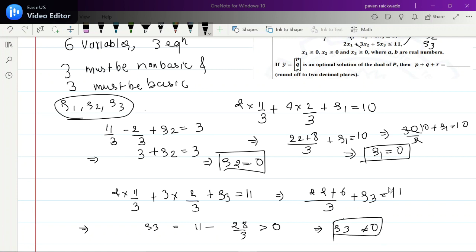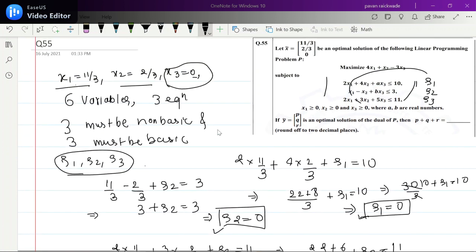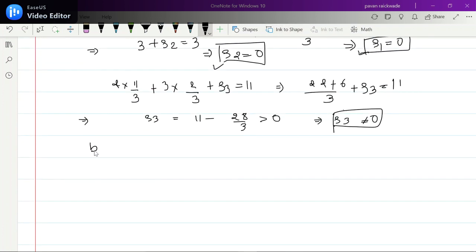Okay, so that's fine. We have 3 variables which are 0 at the optimum, which are s1, s2 and x3. So these are non-basic variables, and x1, x2, s3 are the basic variables here. Okay, so the conclusion from here is basic: x1, x2 and s3, right? And non-basic are s1, s2 and x3.